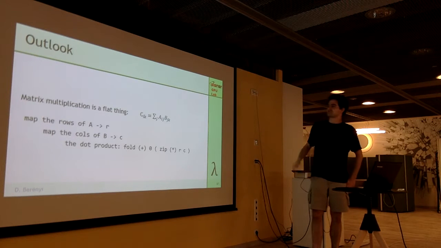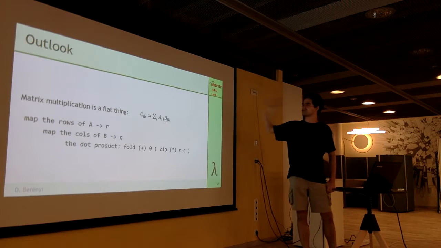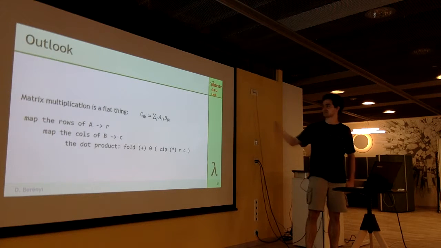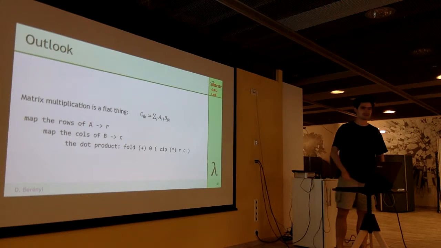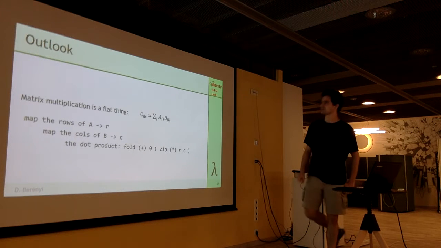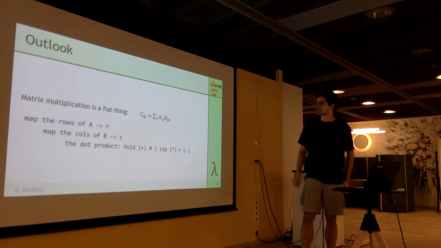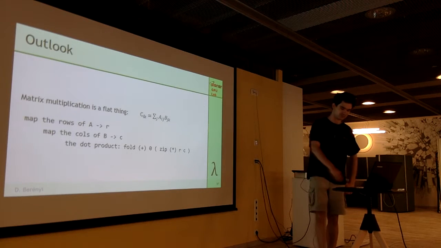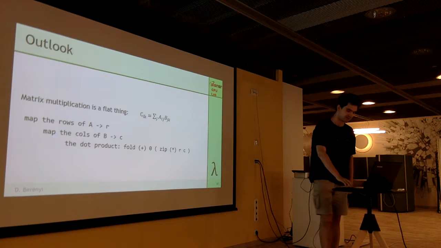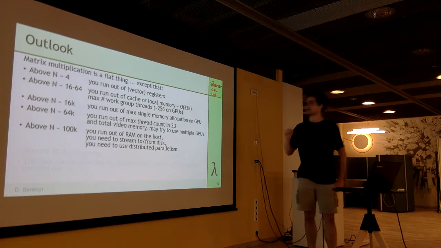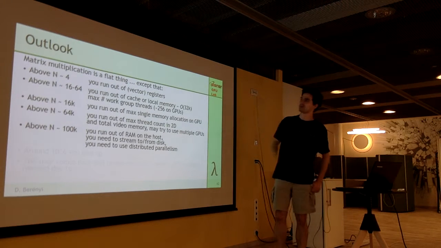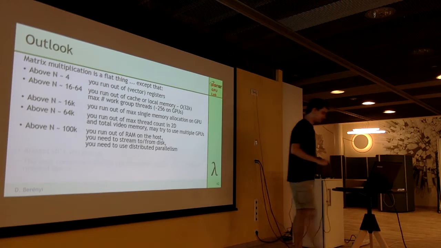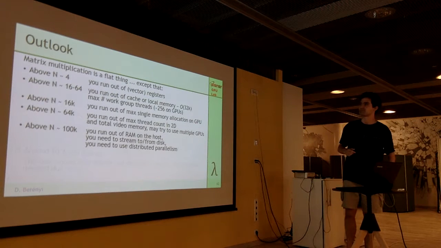Matrix multiplication is a flat thing. We just have two outer loops on the result and one internal loop that calculates a dot product of one row and one column of the respective matrices. It's not that bad, it's just a few lines of code in whatever language. Now the problem is, it was a flat thing, but above n equals 1, so we are talking about n by n matrices.